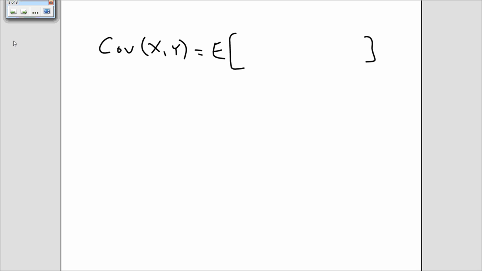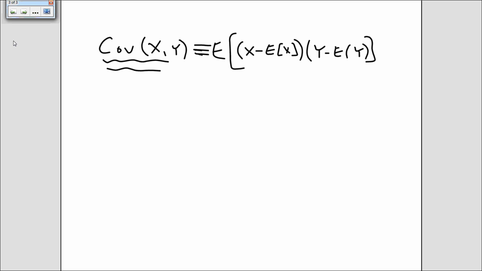It's the expected value of x minus the expected value of x, times y minus the expected value of y. Okay. Wonderful. But that's the definition. Three lines means definition. This has no meaning until we say we're defining this to be this mess. The right side has meaning.